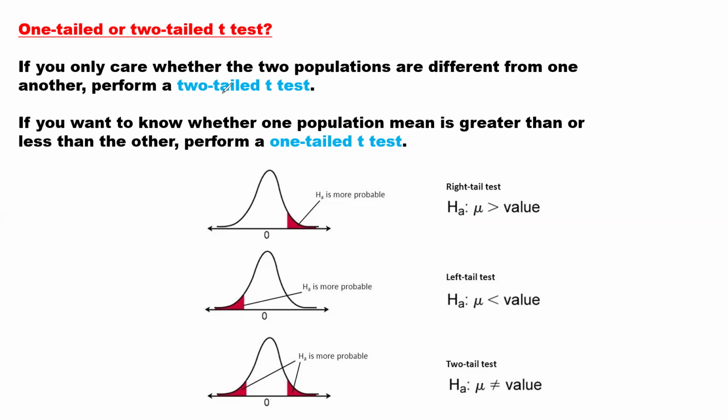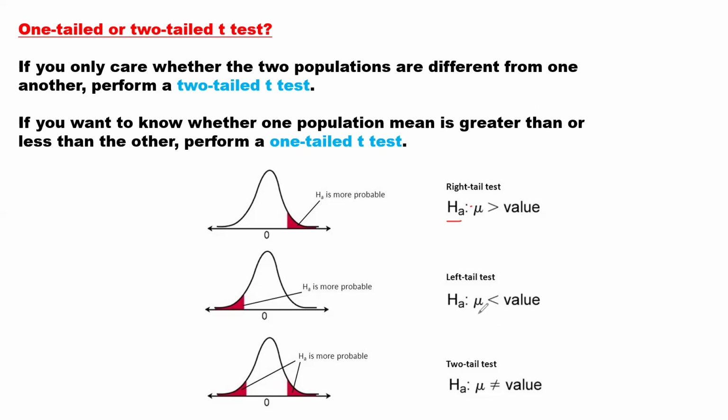But if you want to know whether one population mean is greater than or less than the other, then you use a one tail test. So whenever you are calculating your t-test and you observe that in the alternative hypothesis the standard mean is greater than some value, then you use a right tail test.